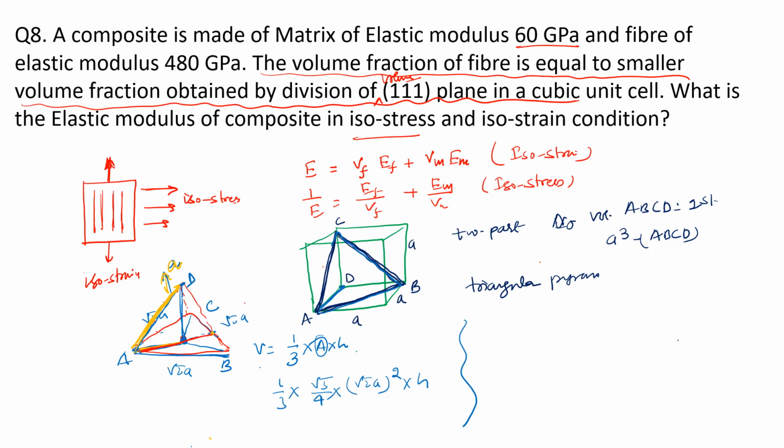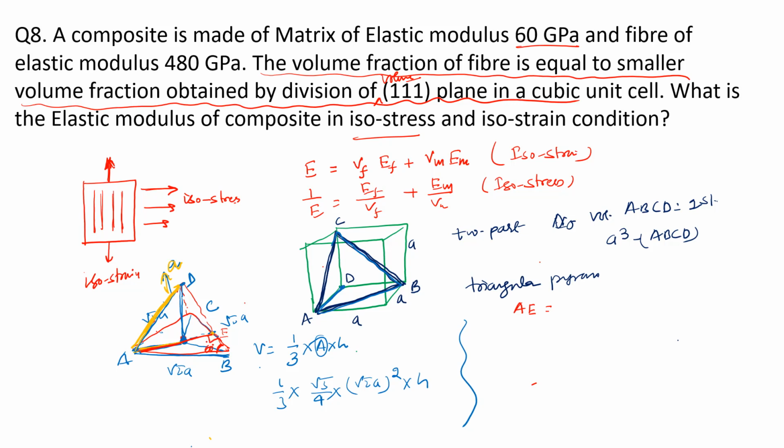A, B, C, D we have marked, so let AE. So AE is equal to, here we have this 60 degree, right? This is 60 degree, this is your 90 degree.